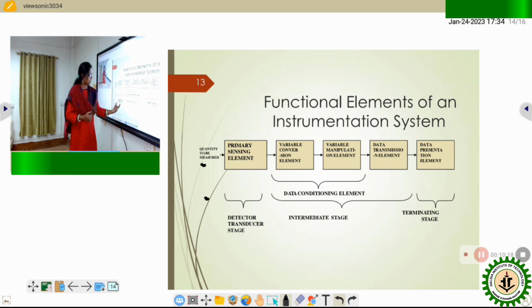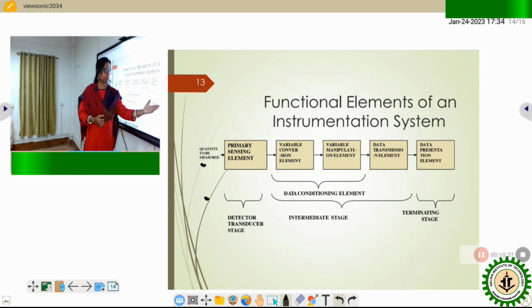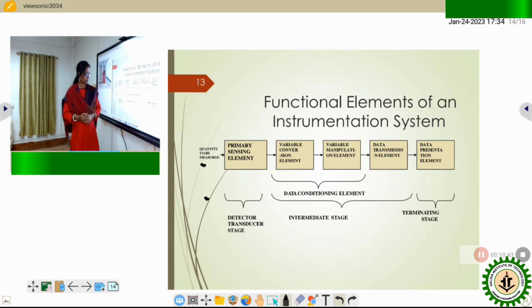So we have the detector transducer stage, which is the primary stage. We have an intermediate stage, which comprises the variable conversion element, variable manipulation element, data transmission element, and the data conditioning element. After that, the data presentation element comes in the terminating stage.